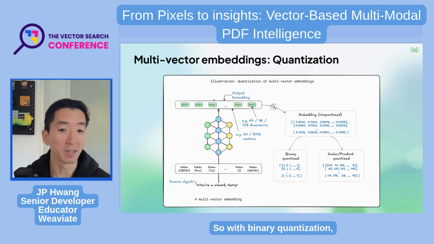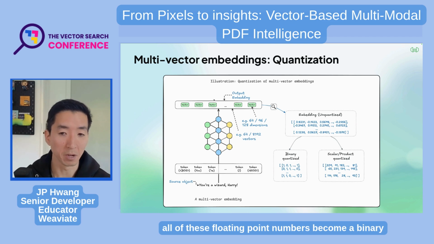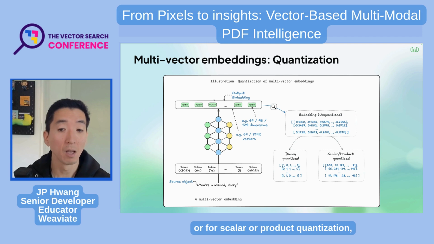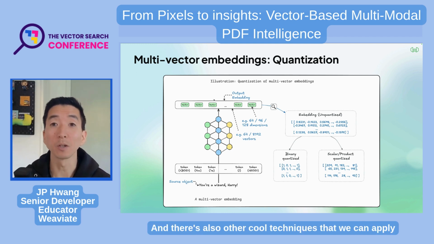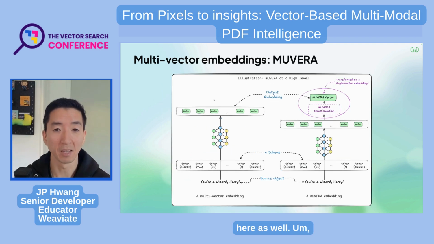So with binary quantization, all of these floating point numbers become a binary. Or for scalar or product quantization, the precision of the individual dimensions get reduced down to an integer, saving you, again, lots of memory. But there's also other cool techniques that we can apply here as well.